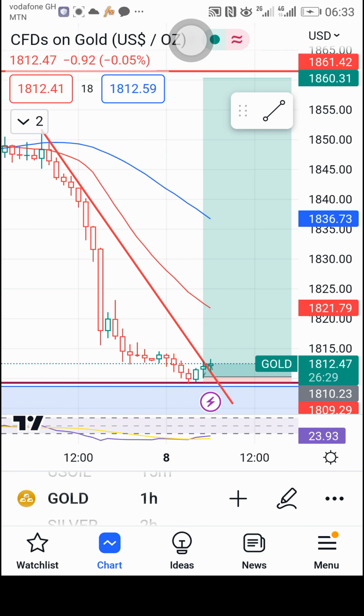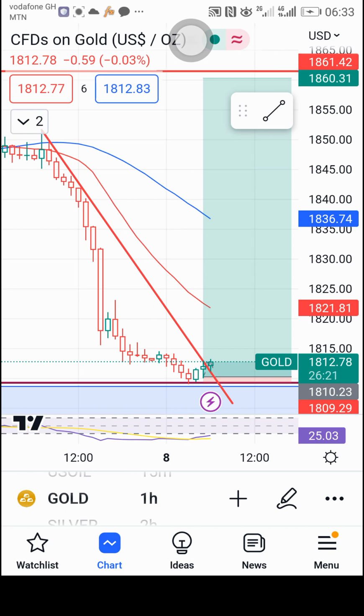I draw a trend line to mark out the move, and then I'll be looking for an opportunity to buy. If the previous move was sell, I'll be looking for an opportunity to buy.